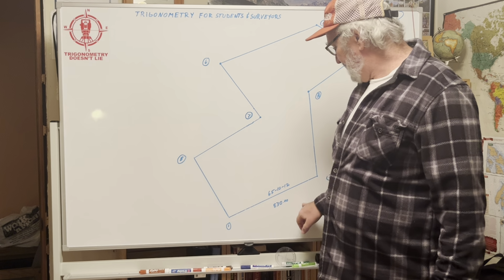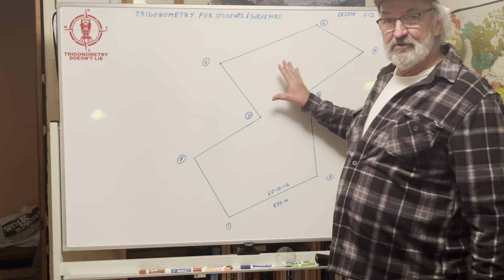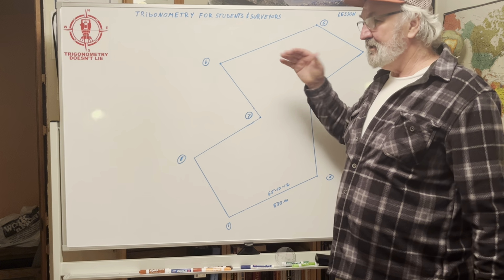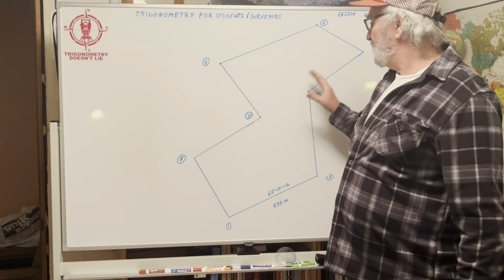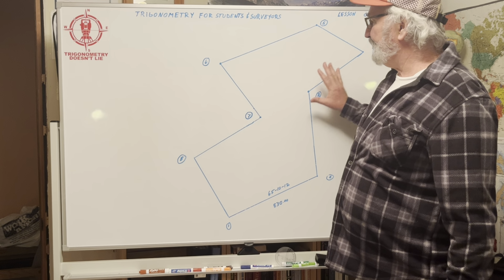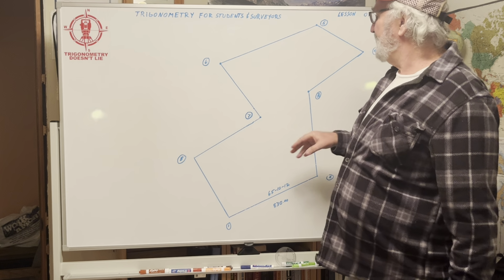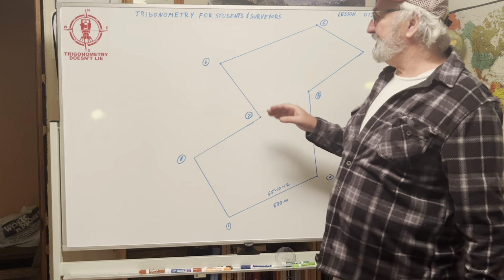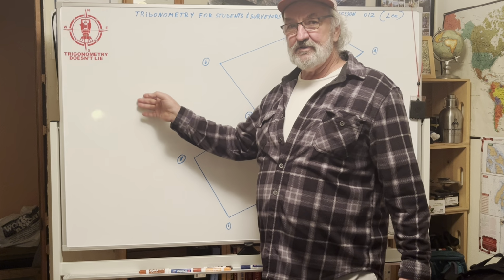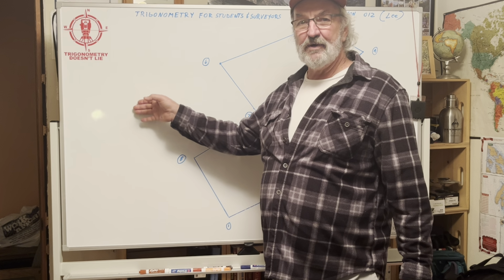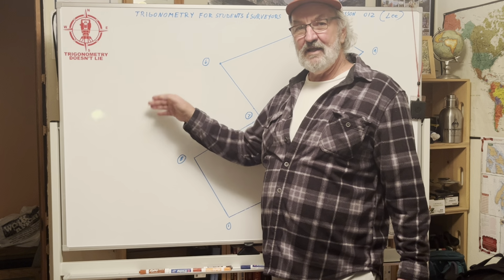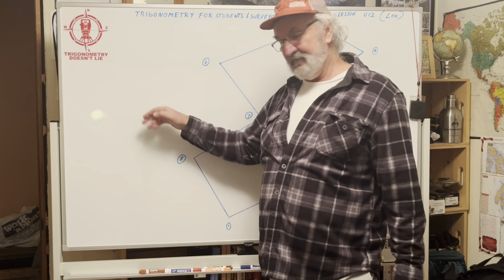But for the sake of this, it's going to be two-dimensional. This is just going to be X and Y. We're not dealing with any vertical yet. We're going to do X and Y, a flat plane grid to start with. We're going to run coordinates around here, angles, bearings, all the stuff around here. And then we're going to use zenith angle, and we're going to start converting slope distances. We're going to start looking at that and using the vertical component of it.